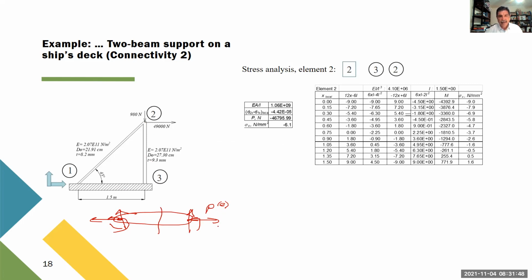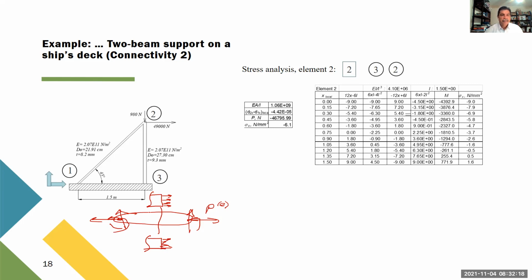Because of the axial force, we have uniform stress. Let me put it up here. So we have something like this. And because of the moment, in the same section, we have a linear variation like this. So this is because of P, and this is because of MZ.